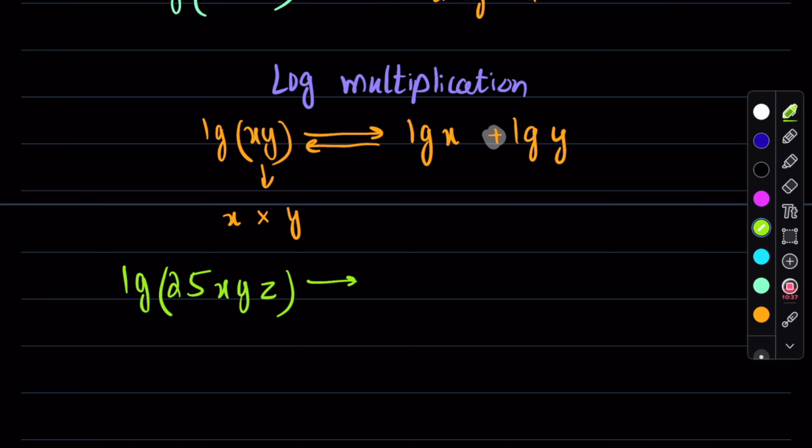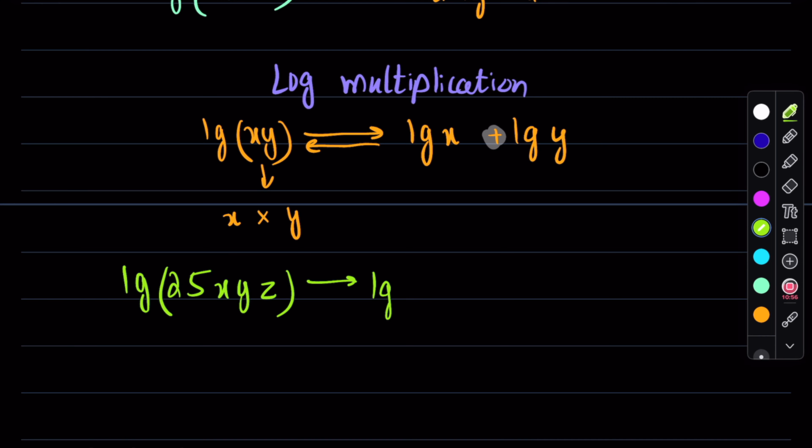The base should remain the same. In this case, it is lg, and lg has an implied base of 10. So I'm not writing 10, because in lg the base is already implied.